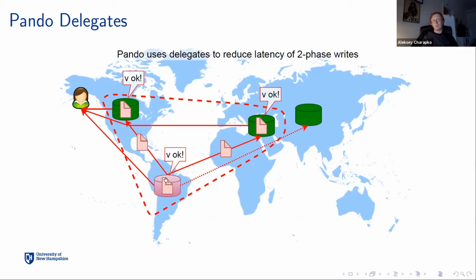And the authors of the paper, the authors of Pando, they claim that with this delegate approach, they come very close to the latency that would have been achievable in just one round trip from the client itself, right? So this 2 round trip regular Paxos protocol, they claim that it comes close to the latency of a 1 round trip protocol if it was driven directly by the client.